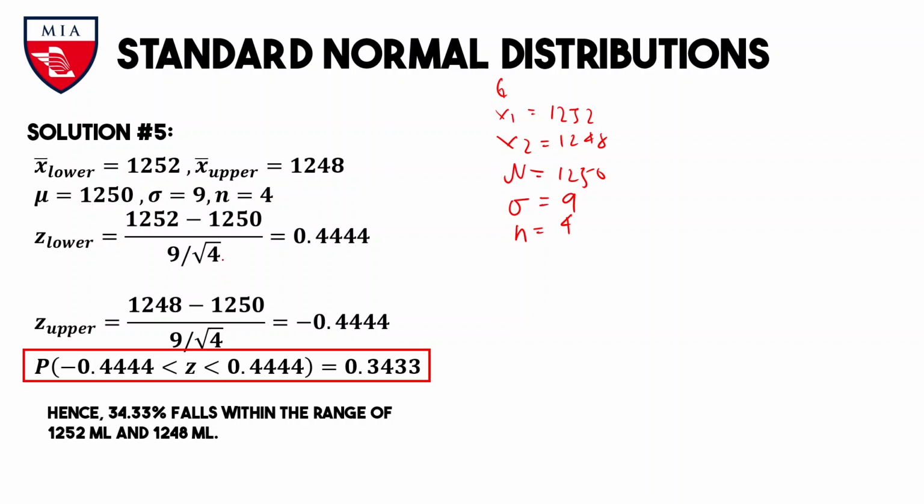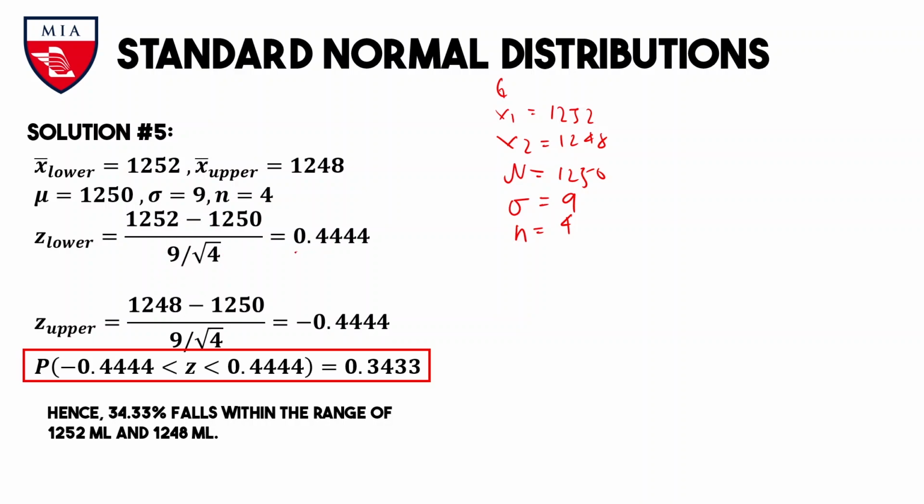So let's solve first the lower value. How can we solve this? For the x bar, 1252 minus 1250 over the standard deviation, sigma, which is equal to 9 divided by the square root of n, wherein we have the square root of 4.